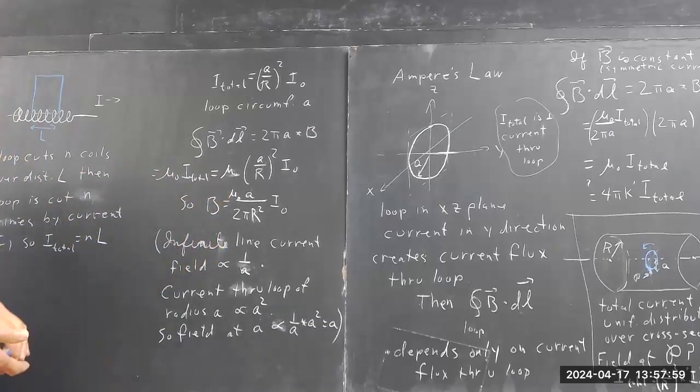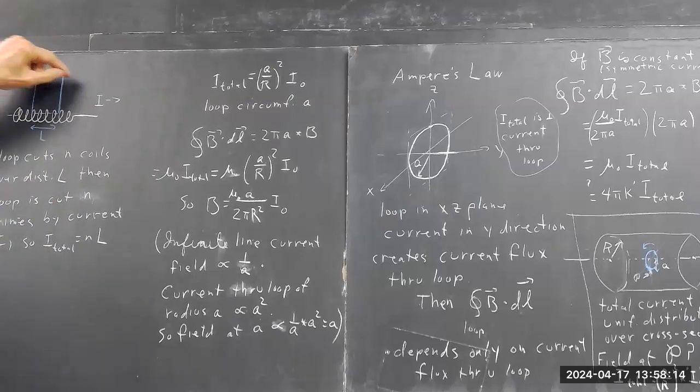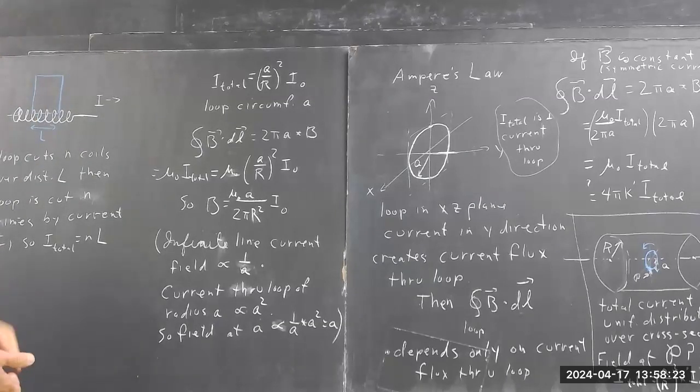So the only place the integral of B dot dl is non-zero is here as we go through the loop. And up here can be as far away as we like, so that one can be reduced to negligible.